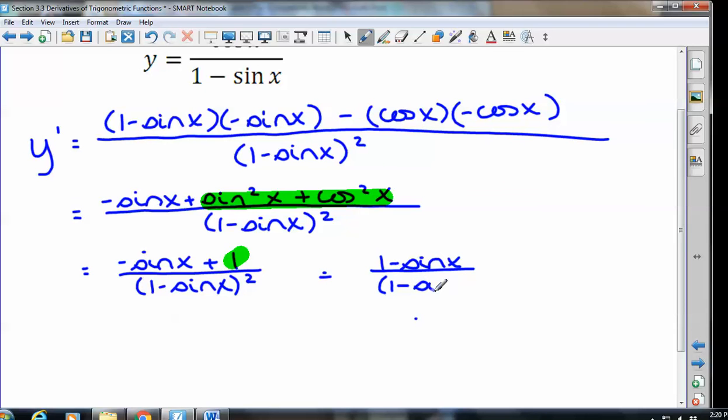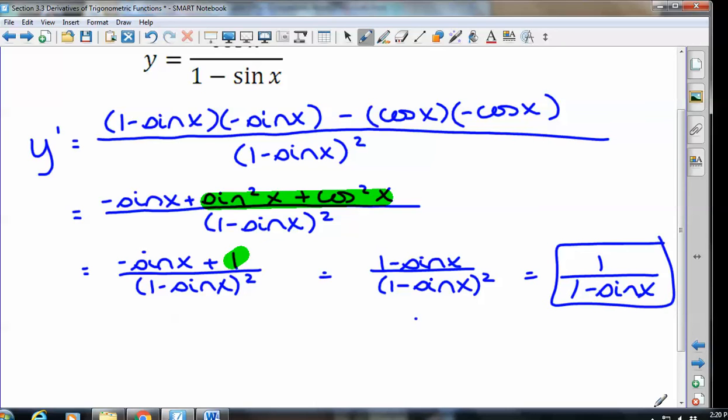Sine squared plus cosine squared is 1, so sin x plus 1? Isn't that the same as 1 minus sine? One of them cancel. Yeah, you can cancel them, so you get 1 over 1 minus sin x. And that's our final answer.